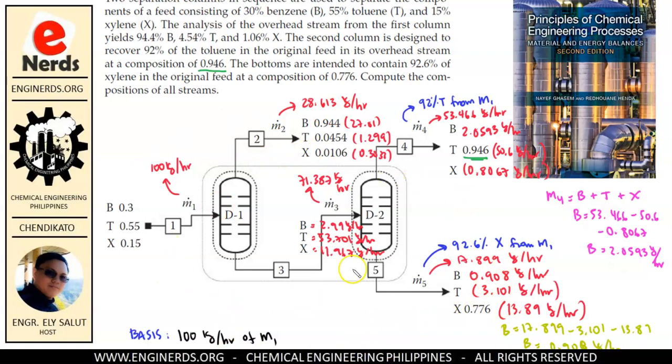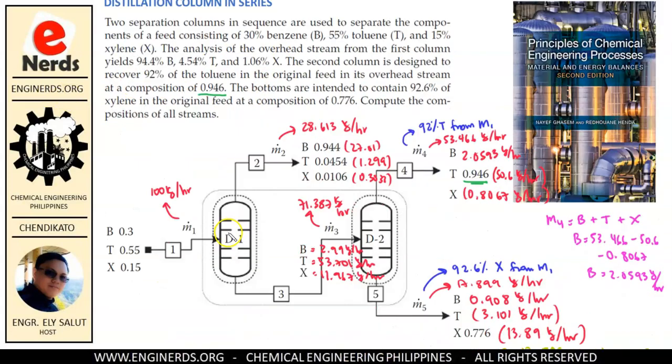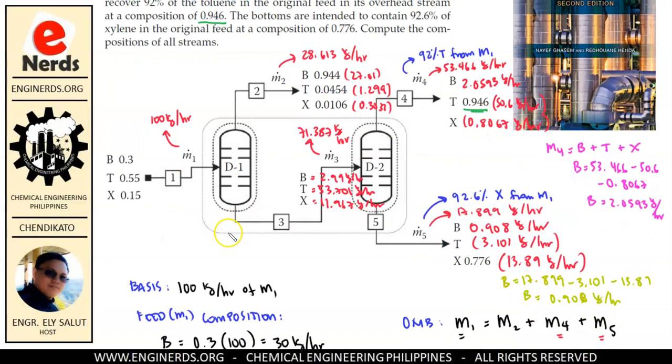So as you can see now, we got all the values ng ating streams and components dito sa ating distillation column in series. However, take note that ang pinahanap sa atin dito is yung compositions on all streams. Samantalang lahat ng nakuha nating values are expressed in kilogram per hour as per our basis of 100 kilogram per hour.